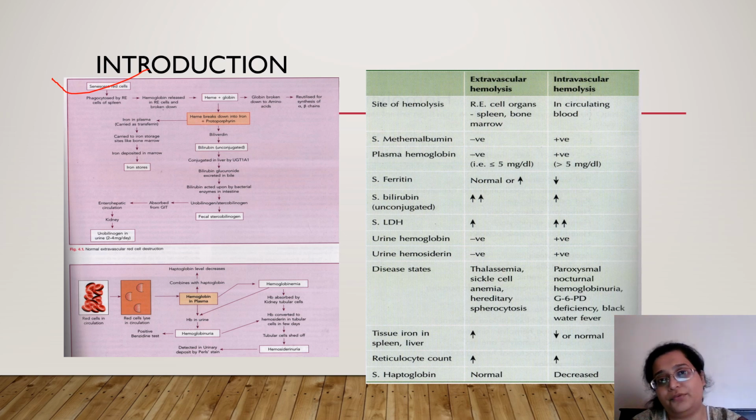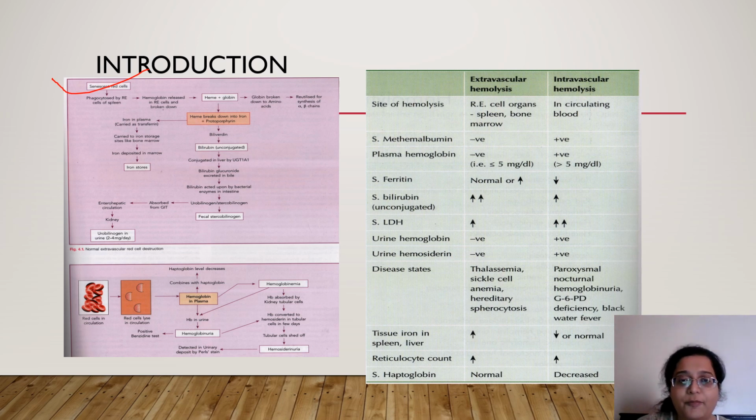And when we are trying to rule out a hemolytic process, we have to rule out what kind of hemolysis it is, because if you can reach through the clinical data and the peripheral smear provided to the kind, then you can almost reach the diagnosis.